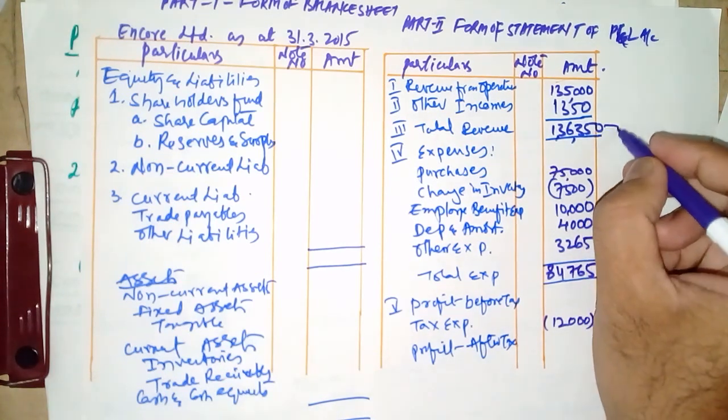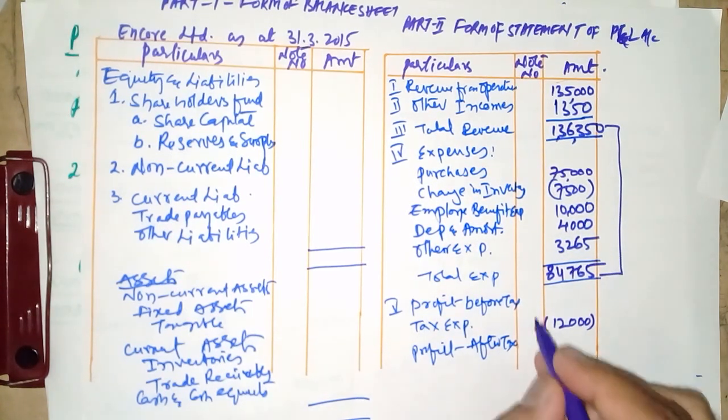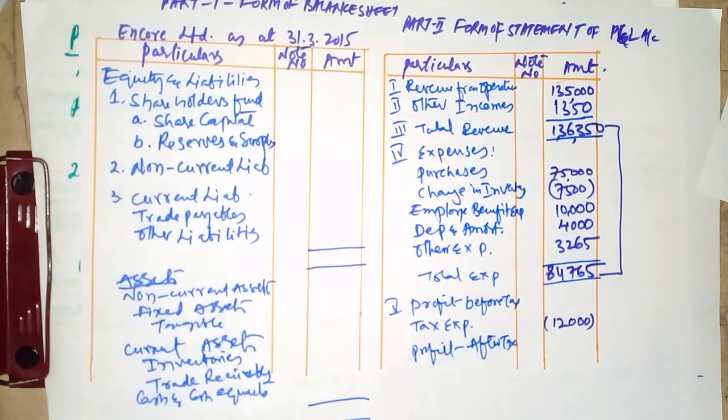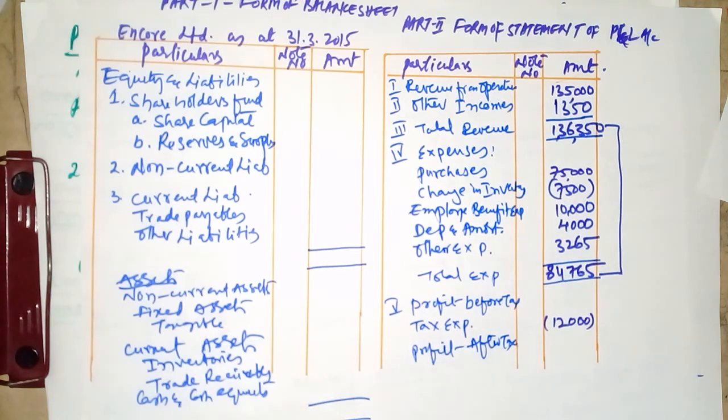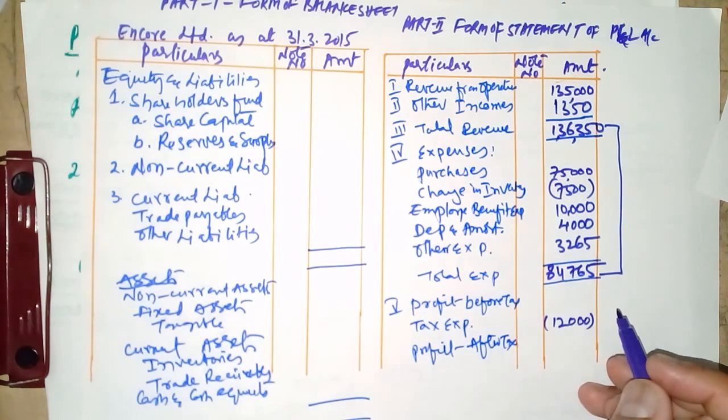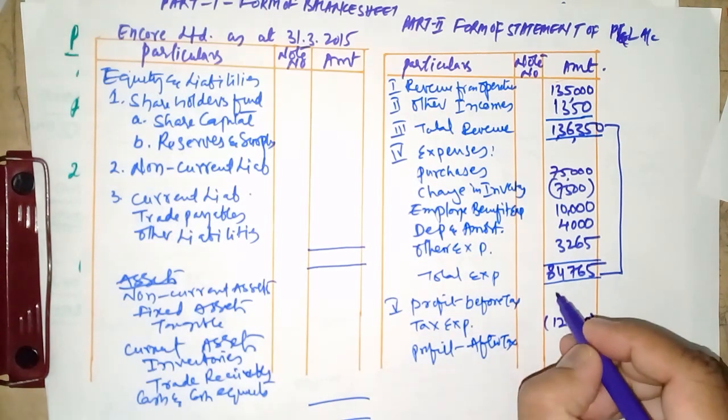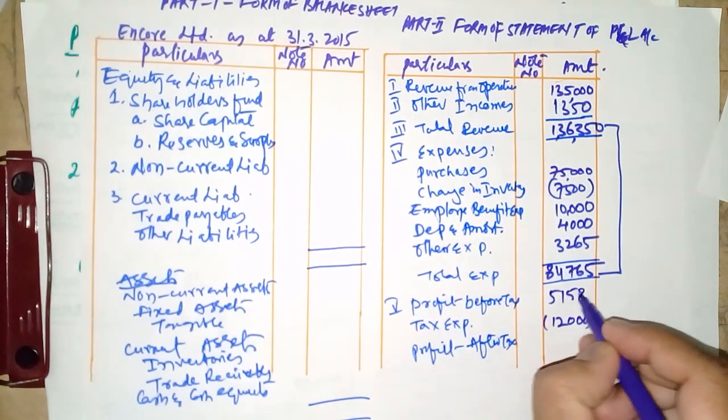So this figure minus this, we will get profit. So 1,36,350 minus 84,765, we are getting 51,585.